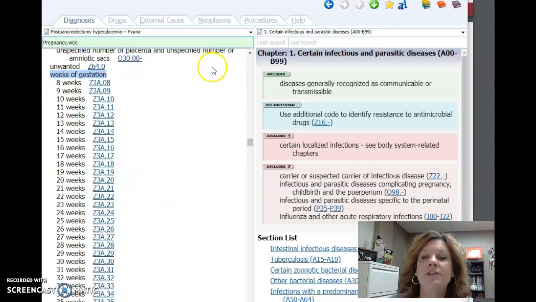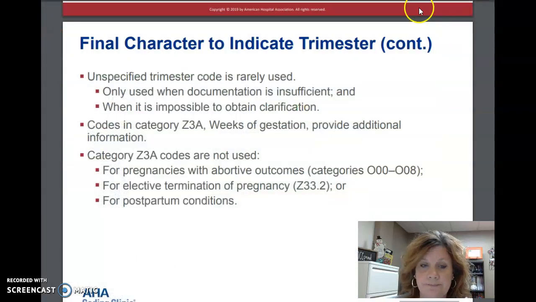If you need to pause, you go to pregnancy, and then you go to weeks. Whenever you are coding, you need to look to see how far along the mother is. Pregnancy, weeks is how we find this. Make note of that, because it tells me how many weeks along the patient is.